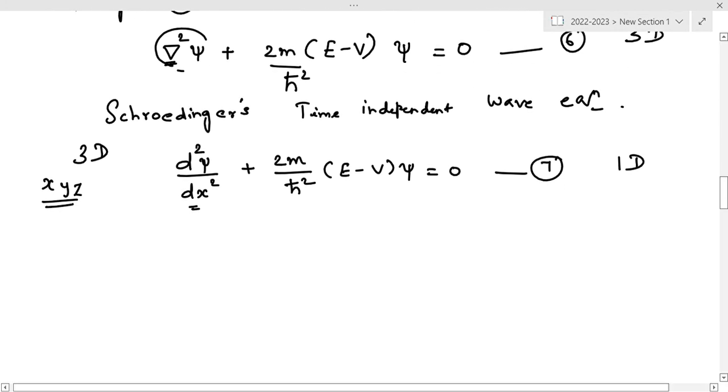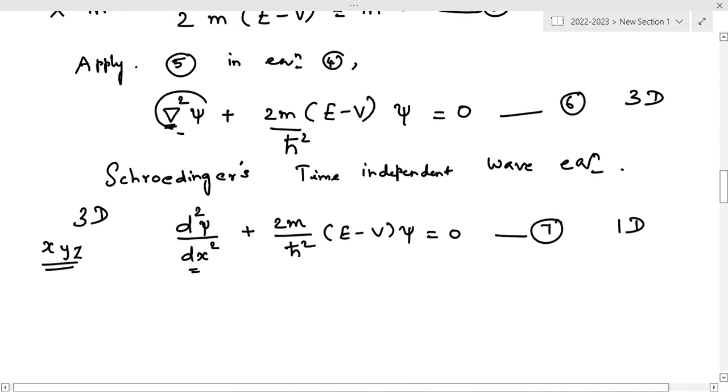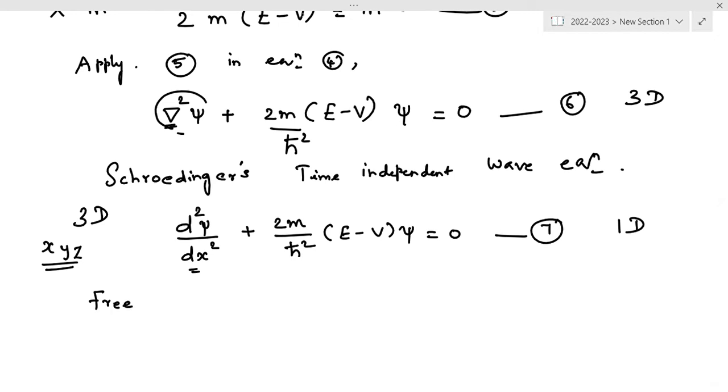If the derivation is asked for a freely moving particle, derive Schrodinger's time independent wave equation for a freely moving particle. We know that for a free particle, it has enormous amount of kinetic energy, but the potential energy will be taken as 0. Therefore, in the above equation 6 for 3 dimension and in 7 for 1 dimension, V should be taken as 0.